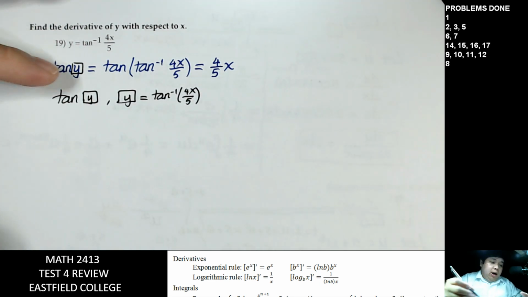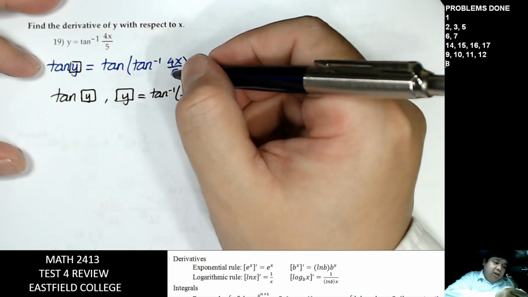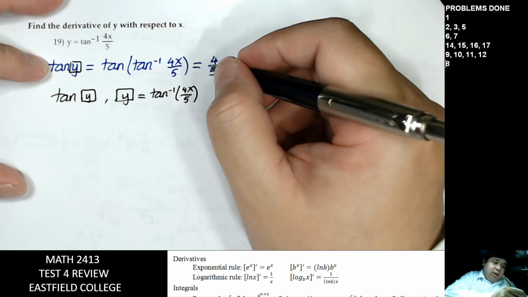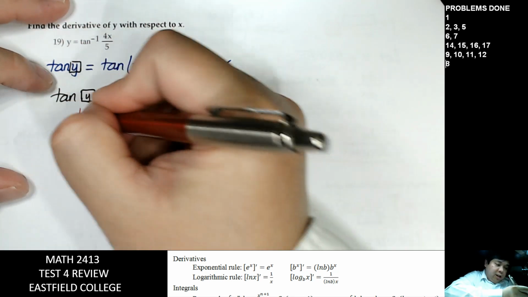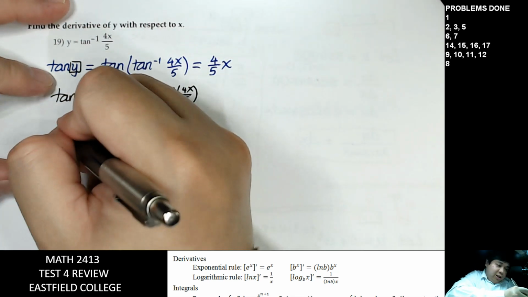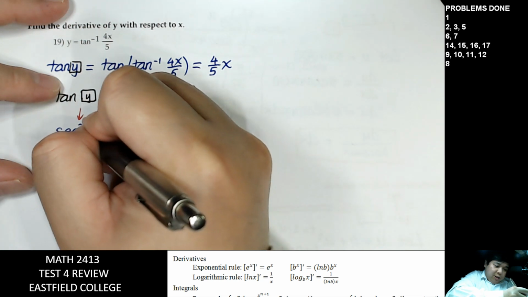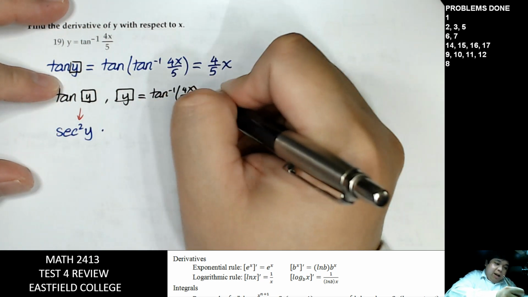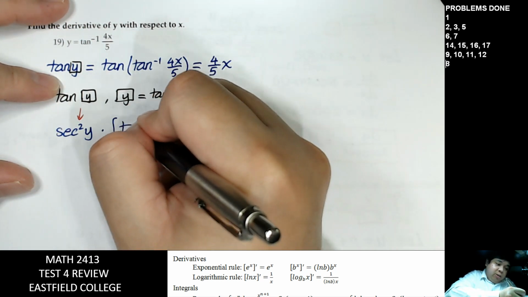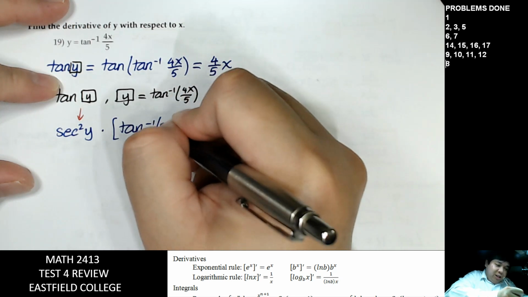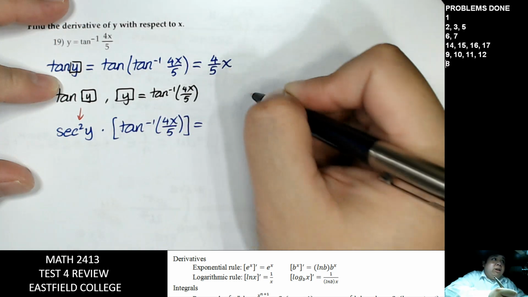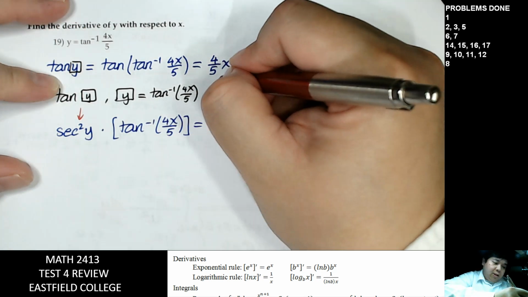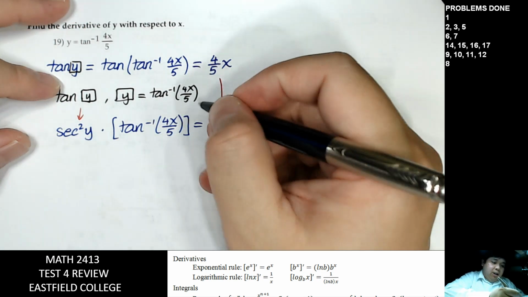So that is the left-hand side. The derivative of tangent is secant squared, and the derivative of this is unknown, to be determined. The derivative of this is just 4 over 5.